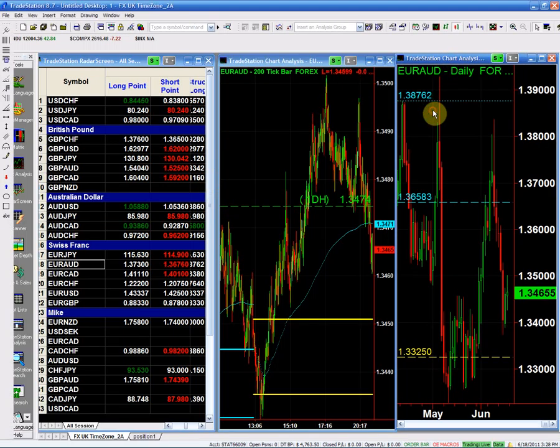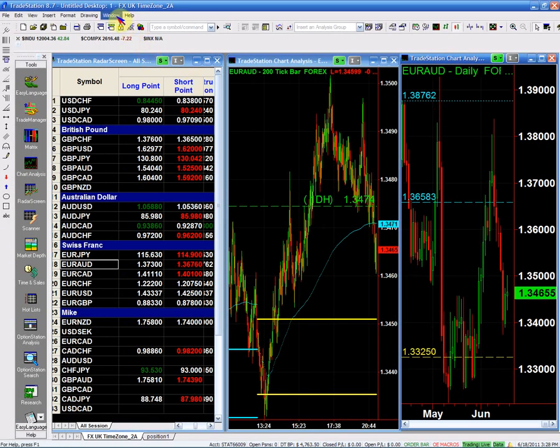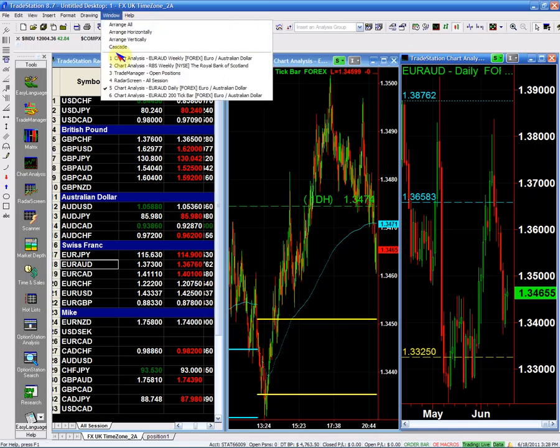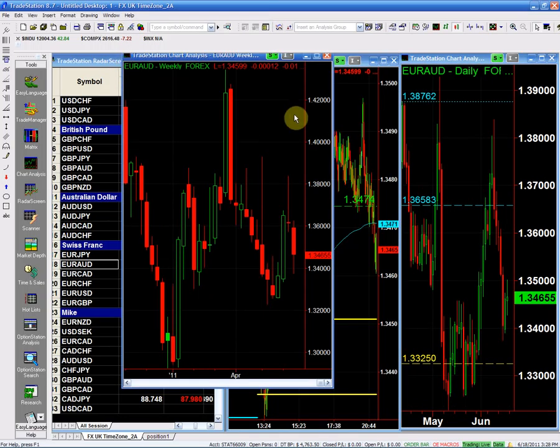If you look at the weekly chart for the euro Aussie, you see something quite interesting.